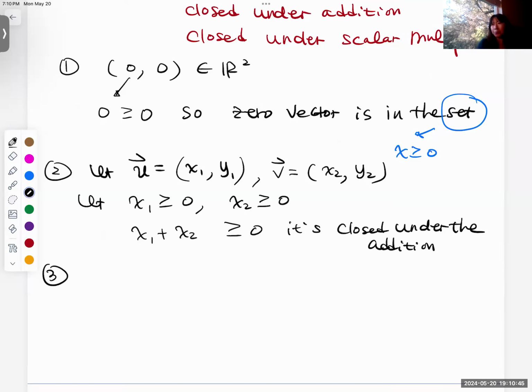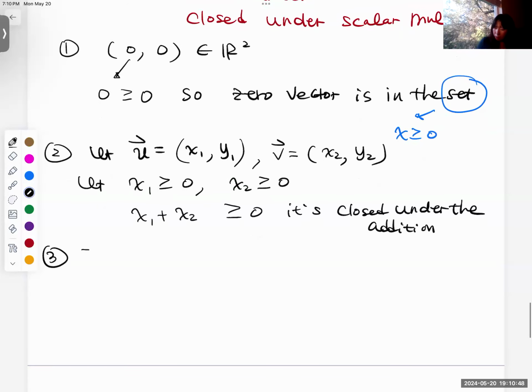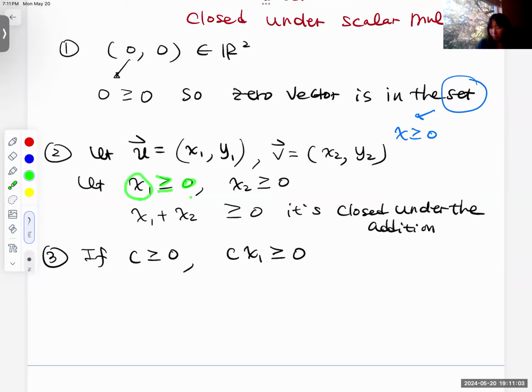Third one, if c is greater or equal to 0, then we can say that c x sub 1 is also greater or equal to 0 because x sub 1 is greater or equal to 0, right? But if c is less than 0, c times x sub 1 is less than 0 because c is negative, right?